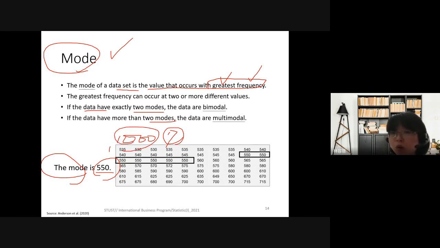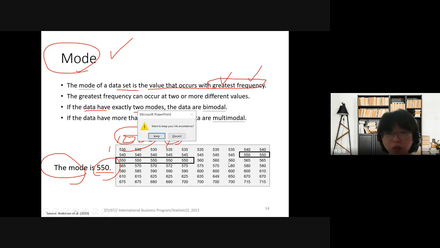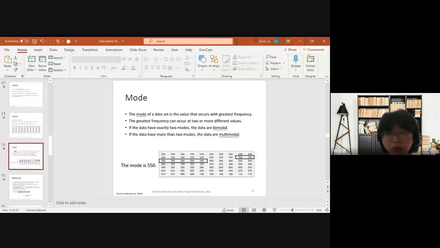There are two modes in such a data set. So this is what we talk about today.